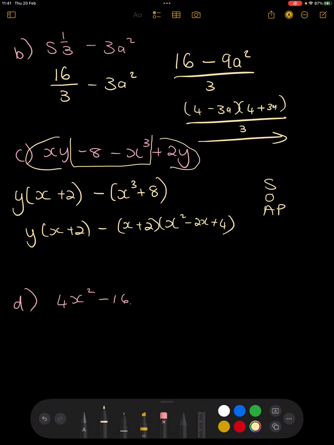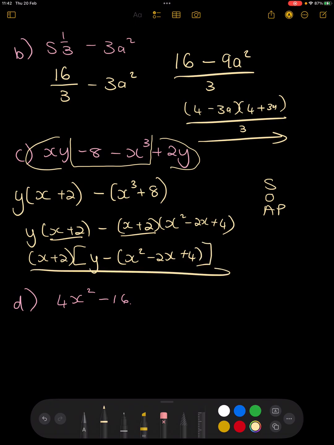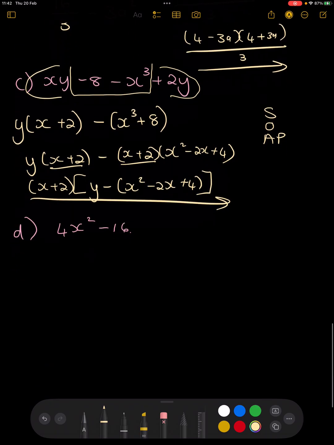Now I can see I've got these two brackets are exactly the same, so I can write that down once. Then remember the rule says everything else that's not identical will go in its own little bracket. And there I'm done.